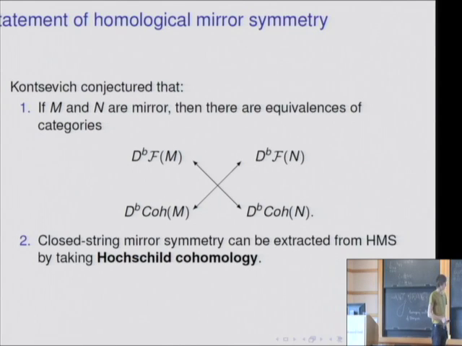Okay, he also predicted that this is a good way of understanding closed string mirror symmetry, those counts of curves that I talked about early on. So he predicted that you can extract this closed string mirror symmetry from homological mirror symmetry by taking Hochschild cohomology. I'll talk a little bit about this point a bit later.